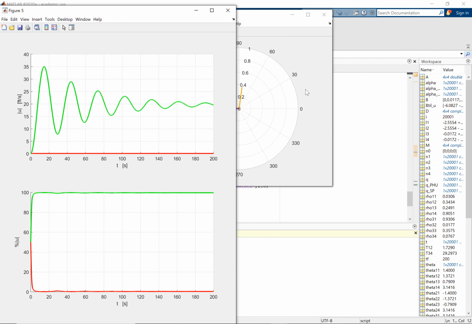I'm going to anticipate that instead of having 2 modes, we're going to have 3 modes. And so the only way for 3 flight modes to arise is if 2 of them are real, so 2 real eigenvalues, and a pair of complex conjugate eigenvalues. But we're going to see more on Wednesday.